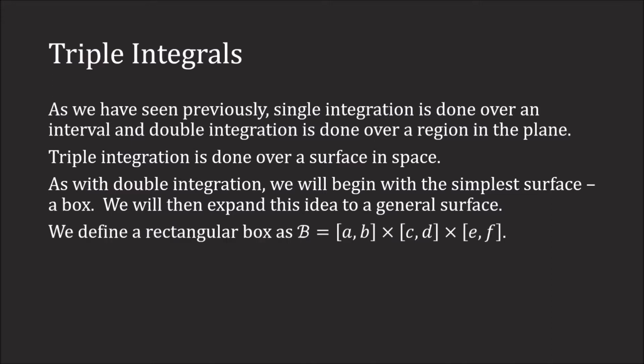So we define a rectangular box as B equals [a,b] cross [c,d] cross [e,f].